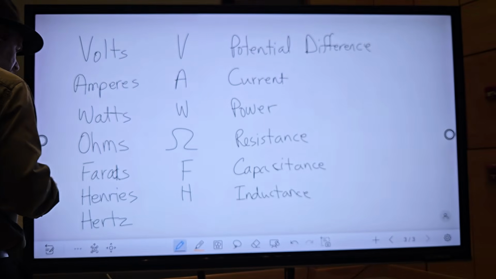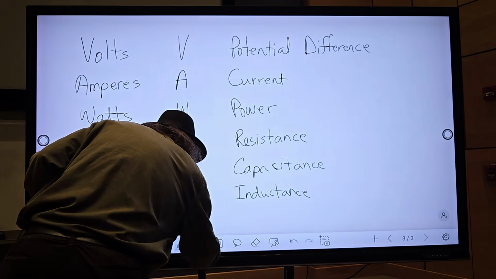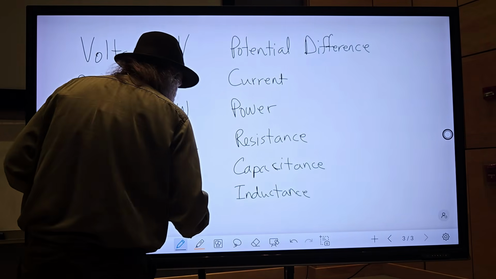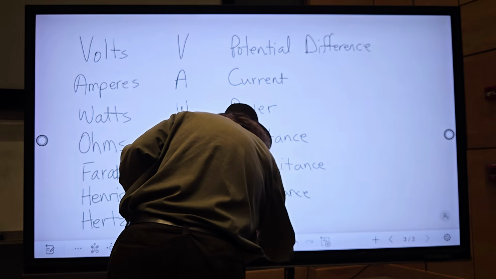Not a rental car, but a frequency. That's Hz, big H, little z. That's frequency.